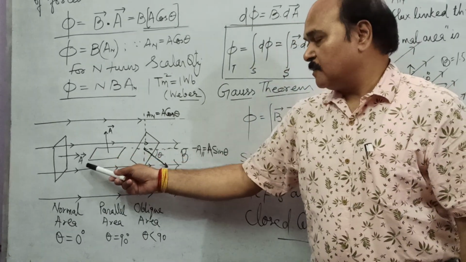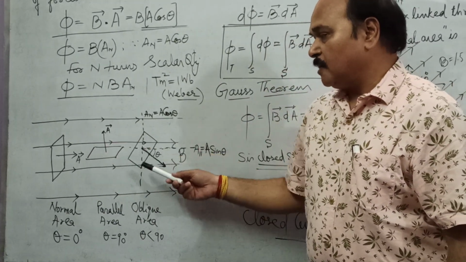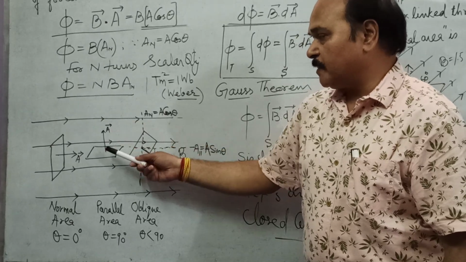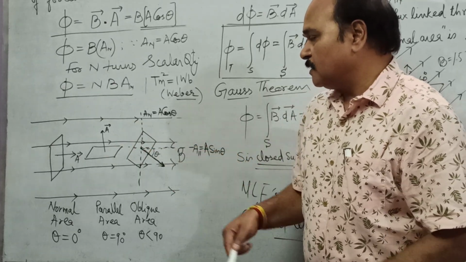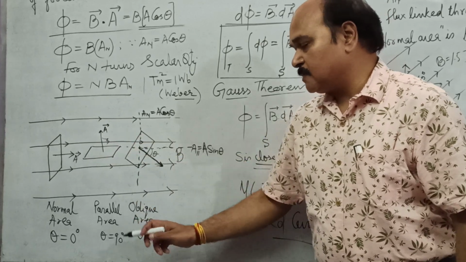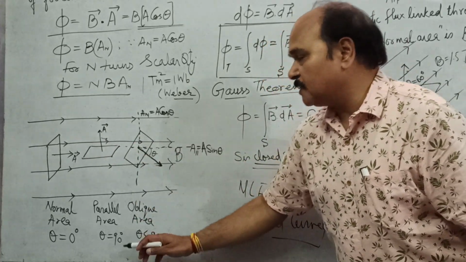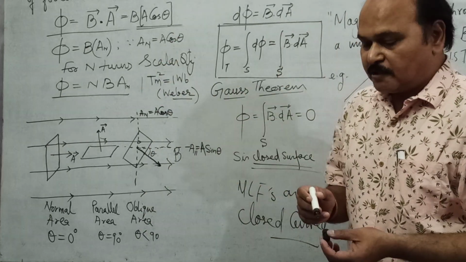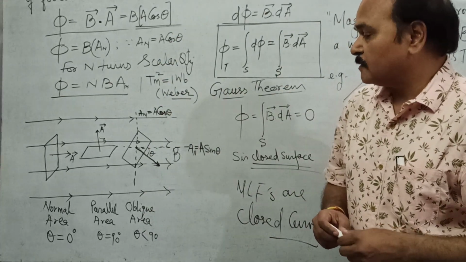For this area where the plane is parallel to the magnetic field, the normal to the plane is like this, the magnetic field is towards the right as shown here, and the angle between them is 90 degrees. So the parallel area has theta equal to 90 degrees.